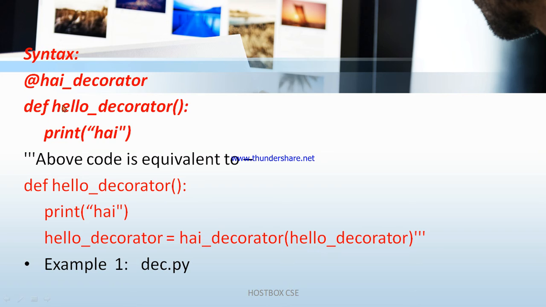The above code is equivalent to: in the function we write def hello_decorator, then print hi, then hello_decorator equals hi_decorator(hello_decorator). But these lengthy three steps we can shorten with the help of a decorator. So let's go for an example, a dec.py Python script.